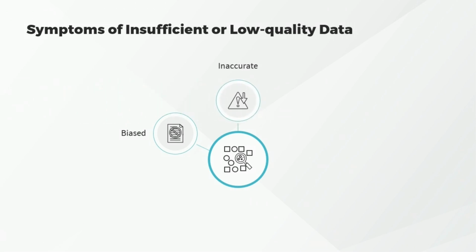And data that is inaccurate or outdated can also result in flawed analyses and decisions, compromising the reliability and effectiveness of AI driven processes. And inconsistencies in data quality, like missing values or irregular formatting, can hinder the training and performance of AI models, leading to unreliable results.